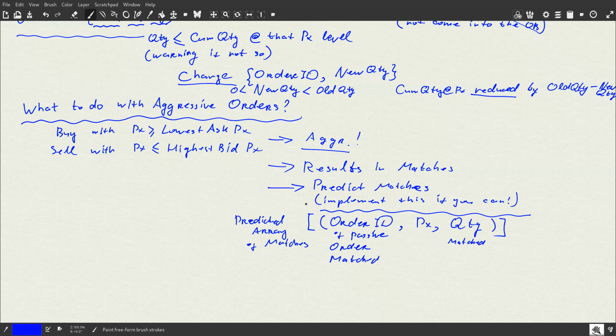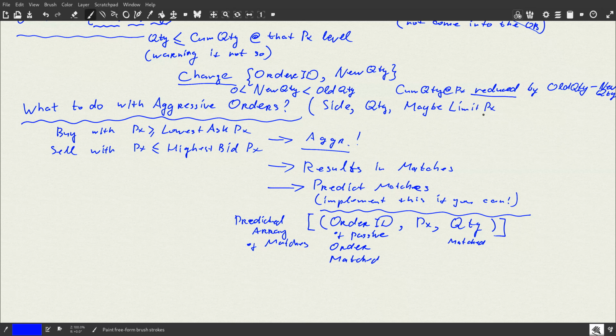So that's the result of your prediction. You traverse the current order book and you predict, for this aggressor with this side, quantity and possibly this limit price. So an aggressor is characterized by the side, quantity, and maybe, if this is not a market order, limit price.